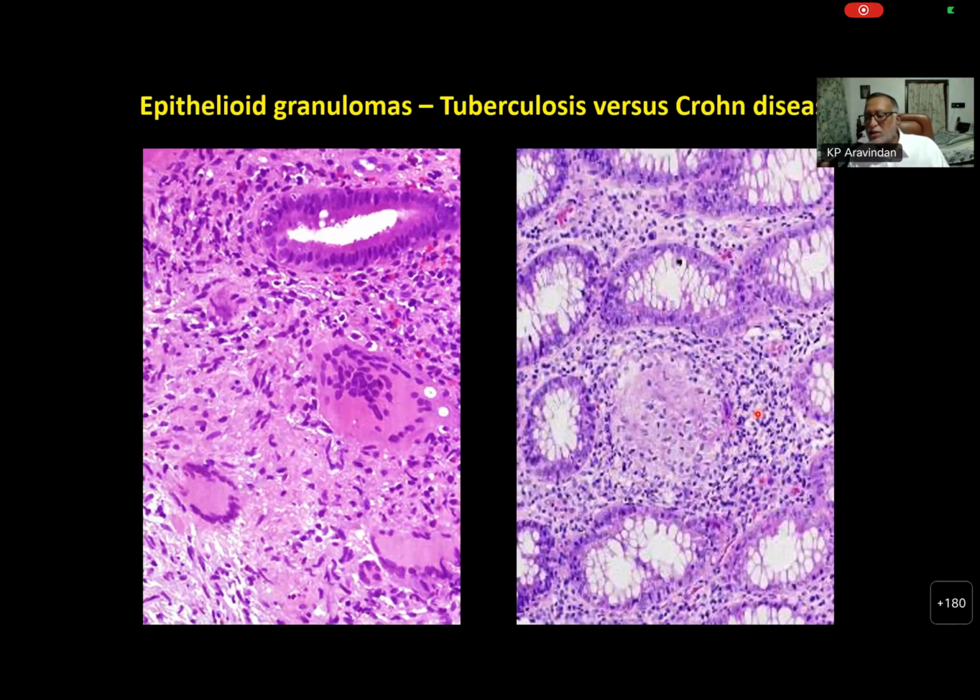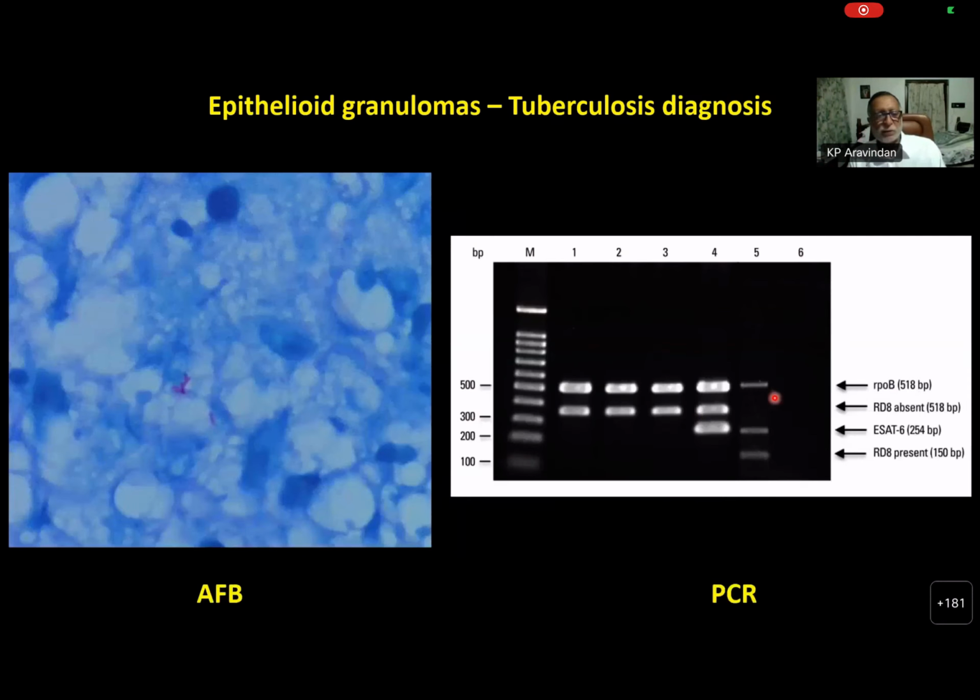So all these different features of the granulomas itself help you to make a differential diagnosis between different conditions. And it's extremely important to prove that something is not tuberculosis. Very, very important, because missing a case of tuberculosis and delaying the treatment is not good at all.